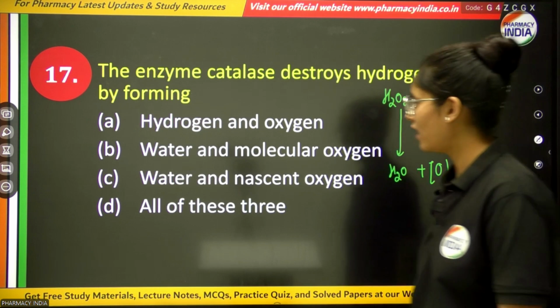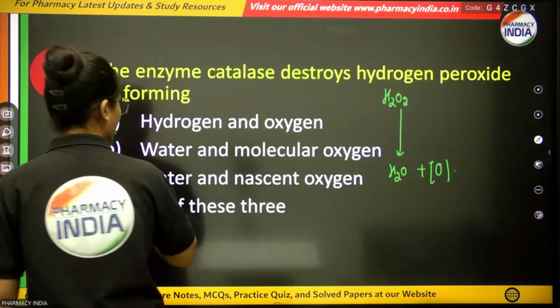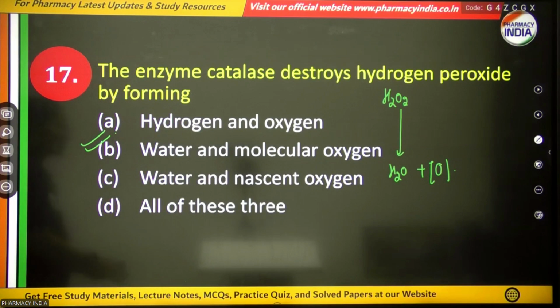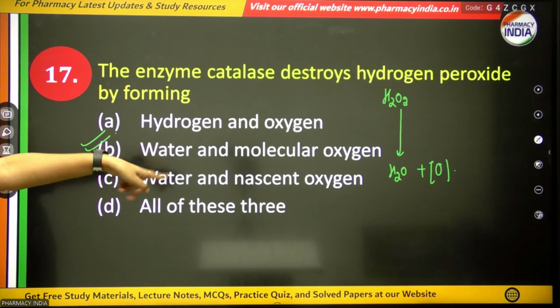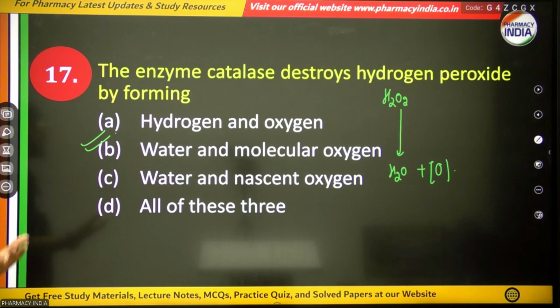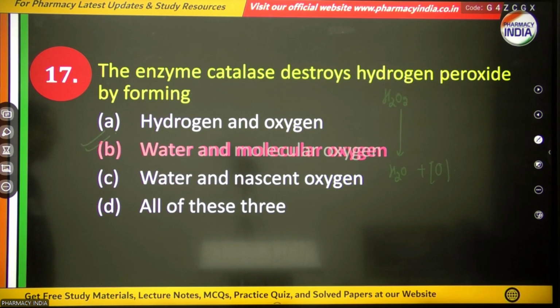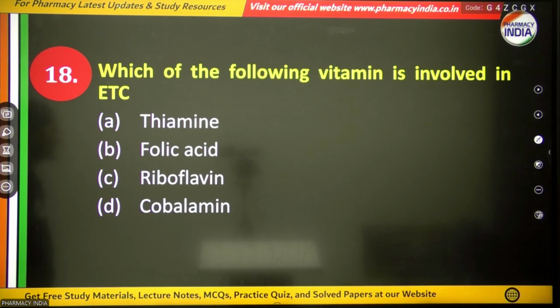So the correct option will be second, water and molecular oxygen. This is hydrogen peroxide, and with the help of catalase, it gets converted into H2O and one molecular oxygen. Move on to the next question.